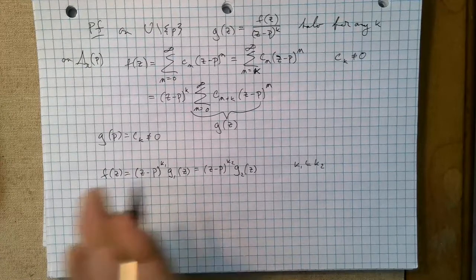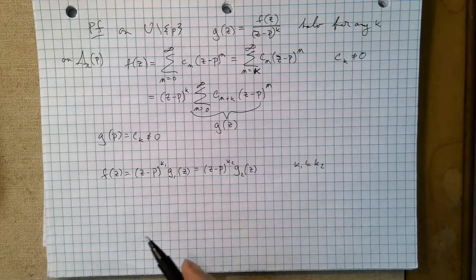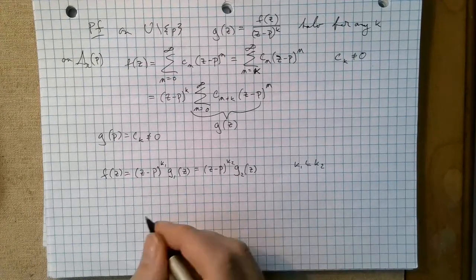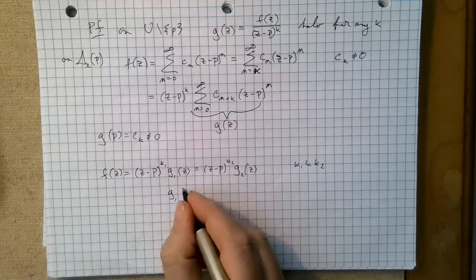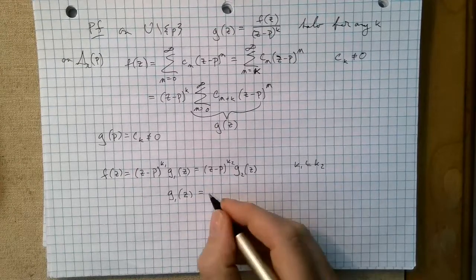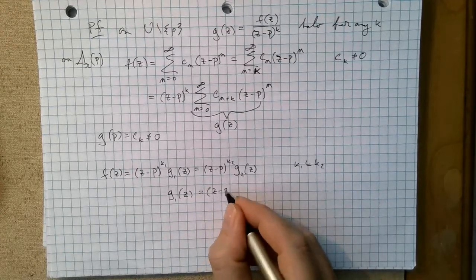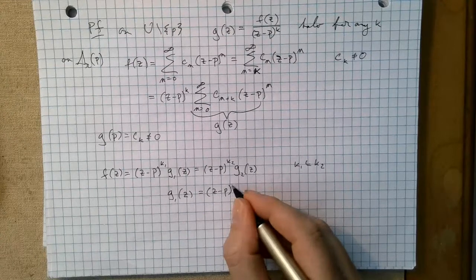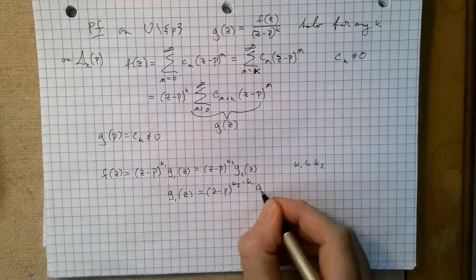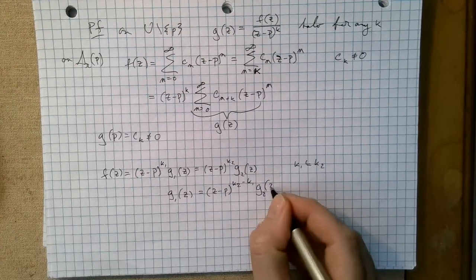Now, if I have this, then what I could do is cancel out k1 of these, right, and get that g1 of z is equal to (z minus p) to the k2 minus k1 times g2 of z, right?